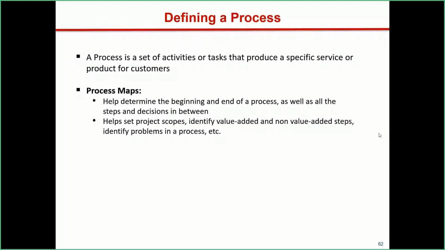We'll see how it is done and what the different kinds of process maps are, but this is the first thing after you have created your project charter. You need to first understand the process. That is very important. For that, a process map is the best way to identify how the process functions at a very high level. So let's see about process map and how to define it.